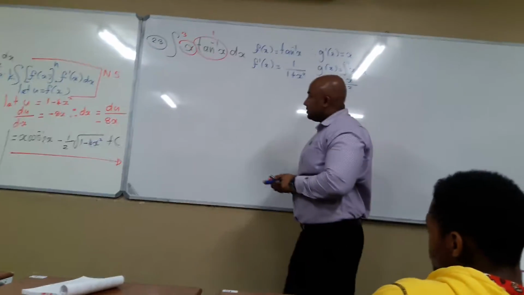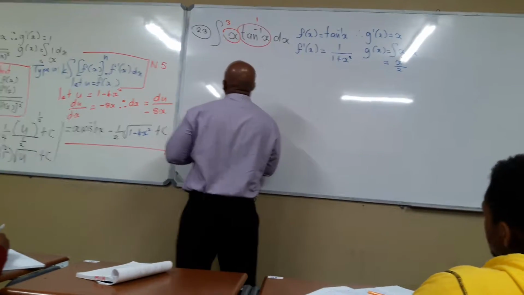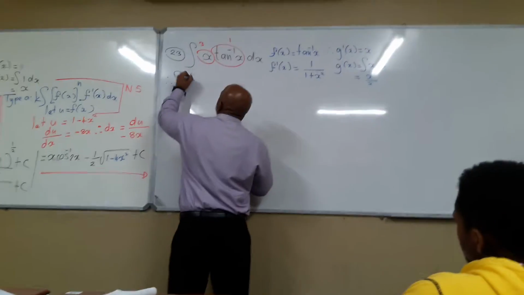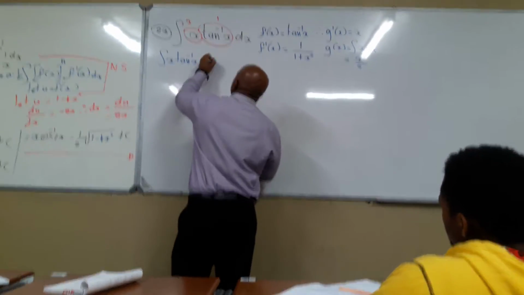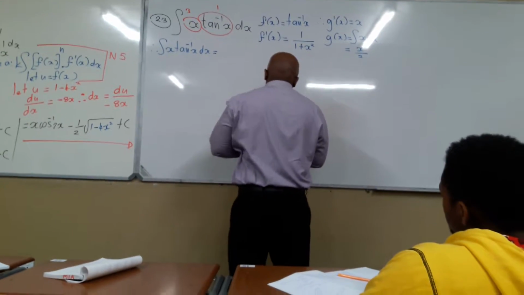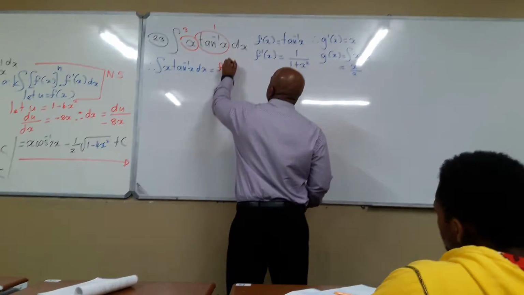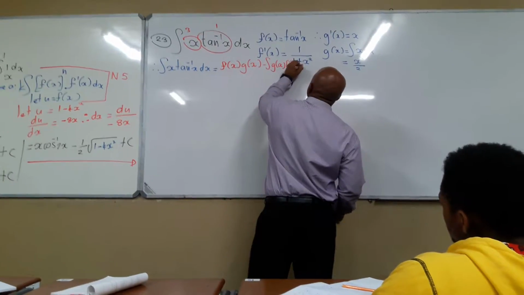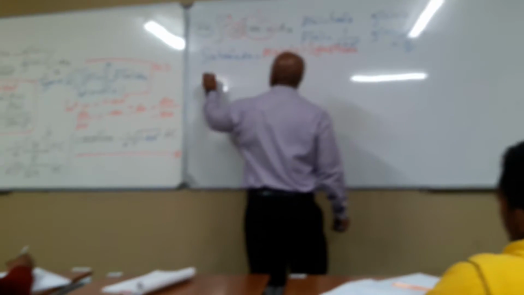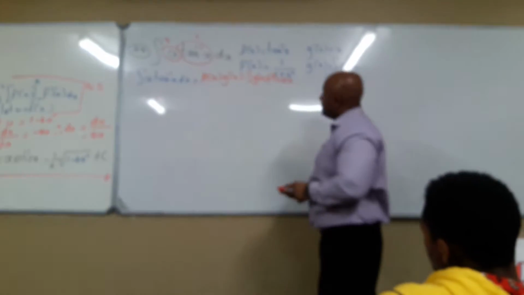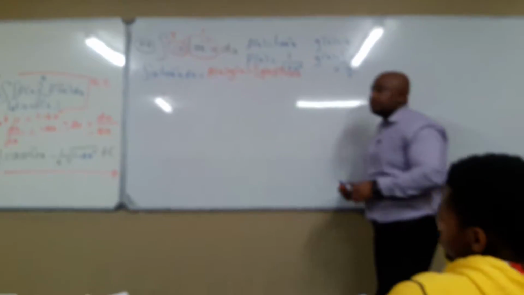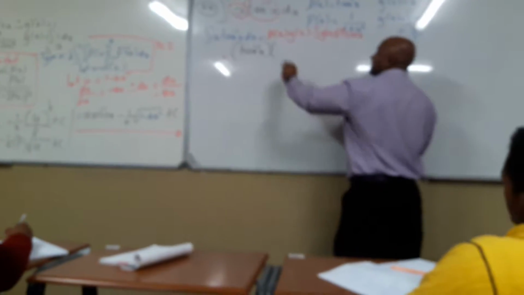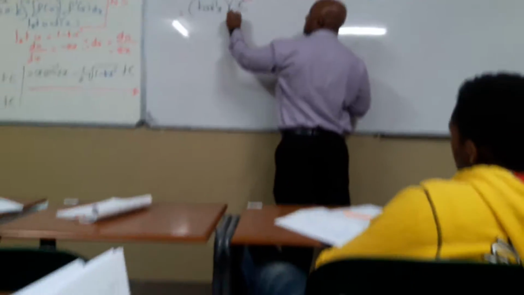Now, let's write down the formula. Right, so here my f of x is inverse tan, g of x is x squared over 2.